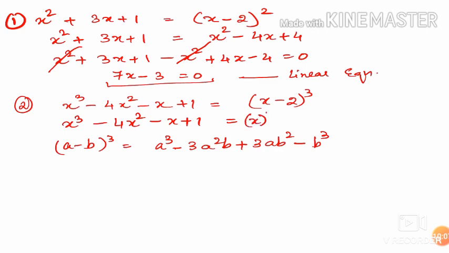So we get x cube minus 3 x square into 2, b is 2 and a is x, plus 3 times x into 2 square minus 2 cube.